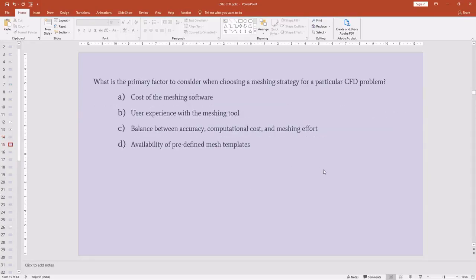Hope that clears it. Next one, what is the primary factor to consider when choosing a meshing strategy for a particular CFD problem? Please give your answers.